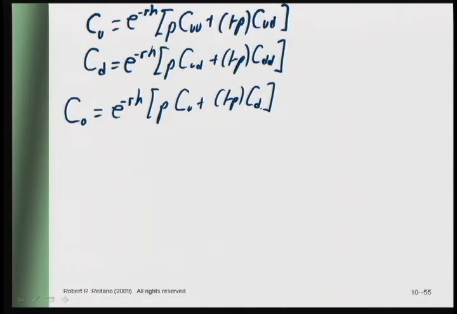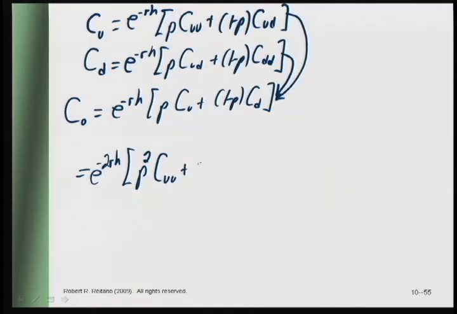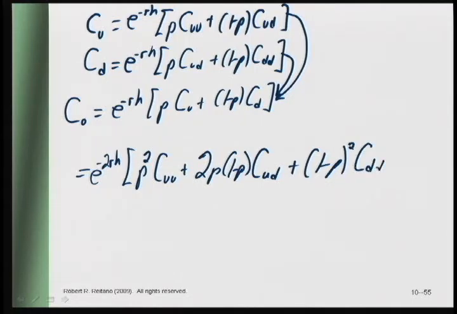Now if we insert both of these expressions in here and do the algebra, we will get e to the minus 2rh times P squared CUU plus 2P(1 minus P) CUD and a (1 minus P) squared CDD.